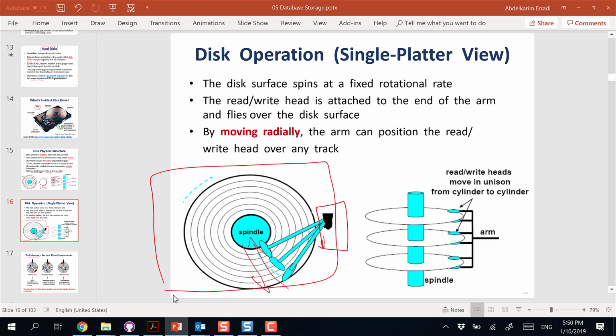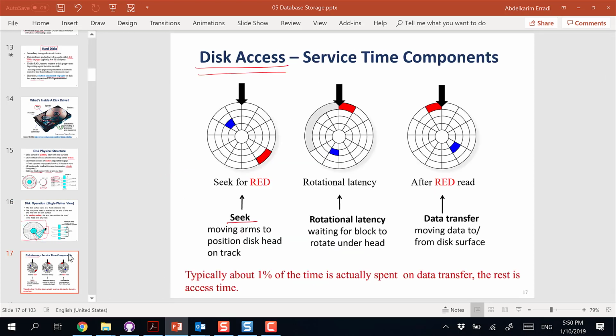So we know that we are looking at a particular block, and that block happens to be in this sector, in this track. So we have to move the arm to place the arm on the sector. And then there is another time that composes this disk access, the rotational latency.